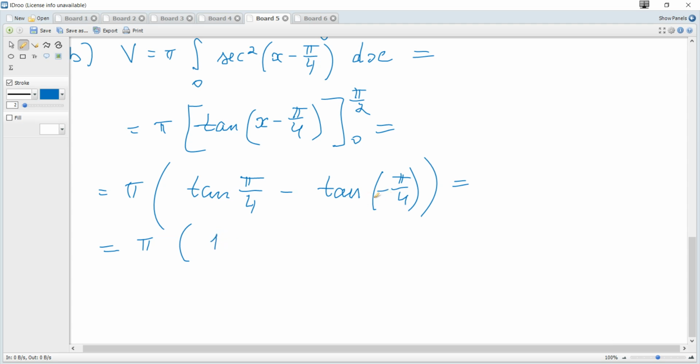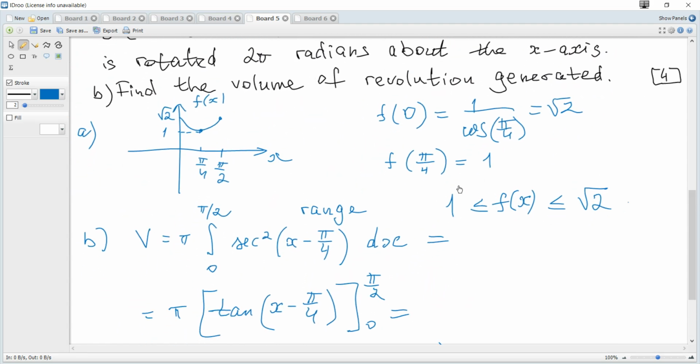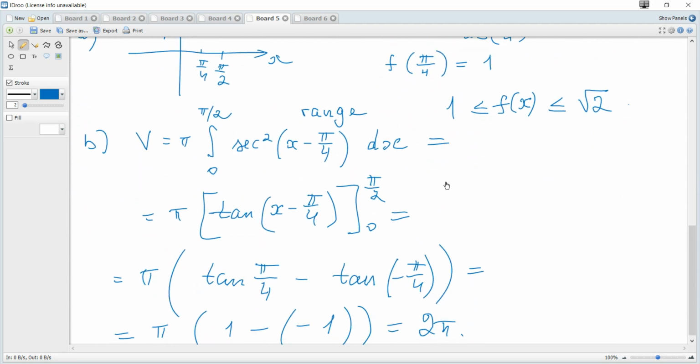Tangent is an odd function, so tangent of negative π/4 is negative tangent of π/4, so minus minus is plus, or we can write it as minus negative 1, and it's 2π. And that's all for this question.